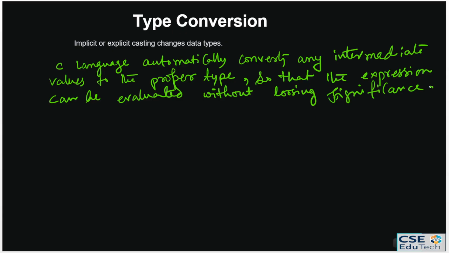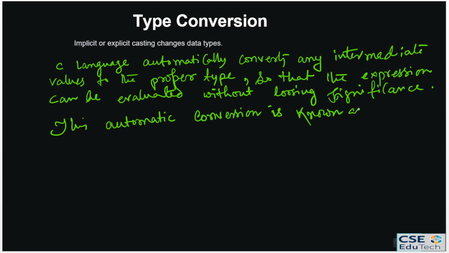And this automatic conversion is known as implicit conversion. Clear?